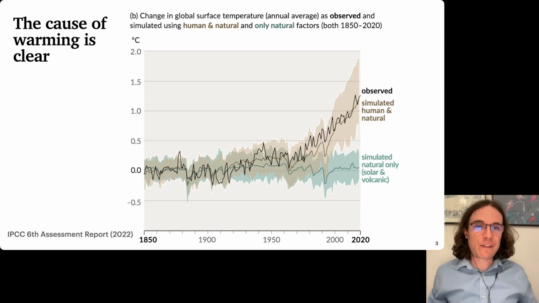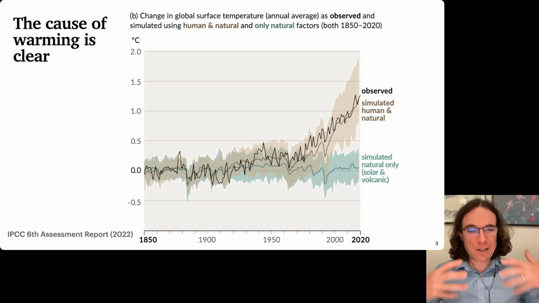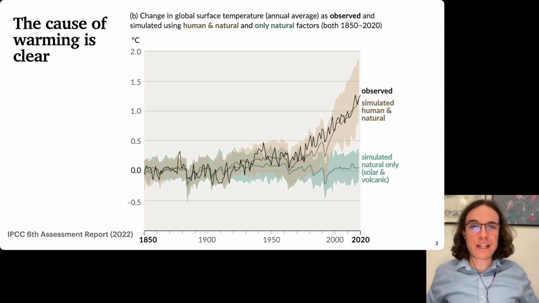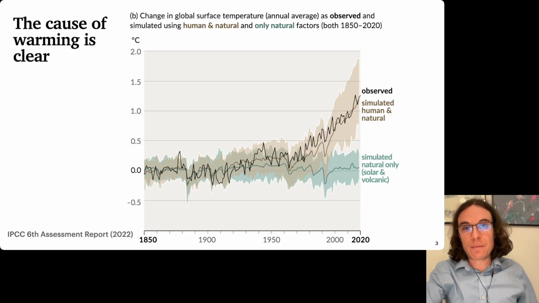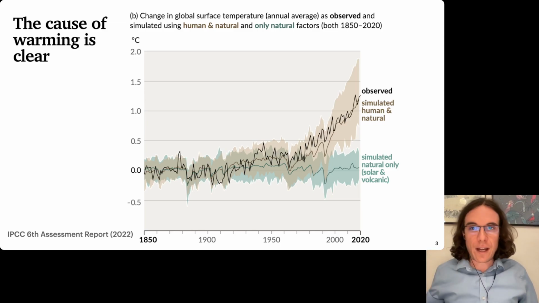And I love this graphic because it contains so much of human knowledge and computation and modeling into a single graphic that shows that the observed warming that we're seeing, that's this sort of jagged black line, matches the aggregate of all of our simulations if you include the human factors and the natural factors of anthropogenic emissions and so on. And so that tracks very closely.